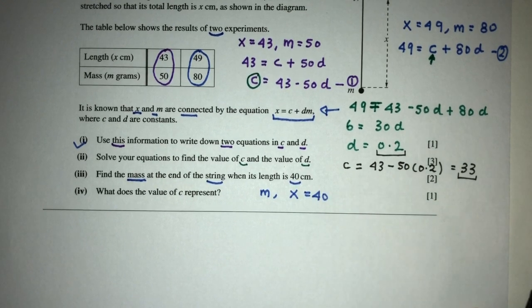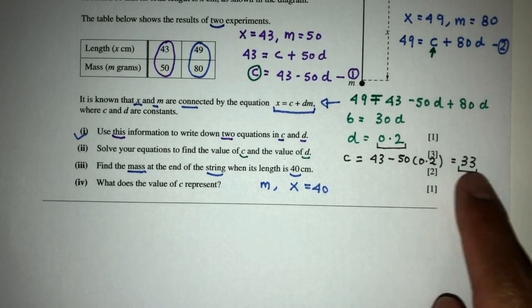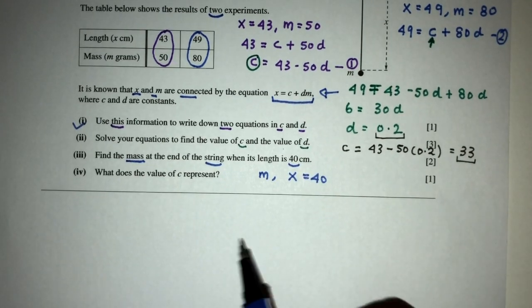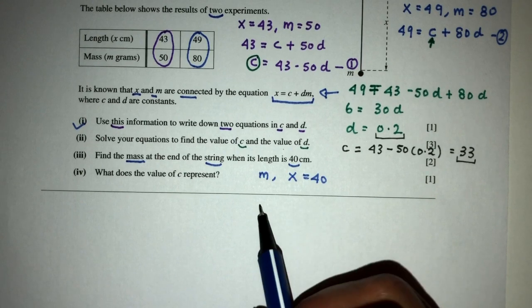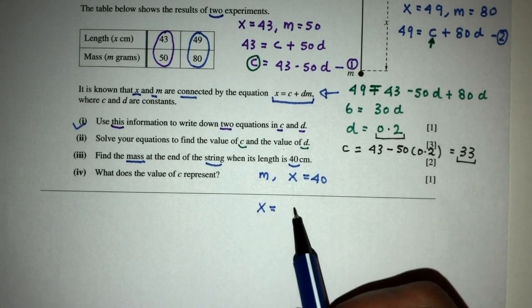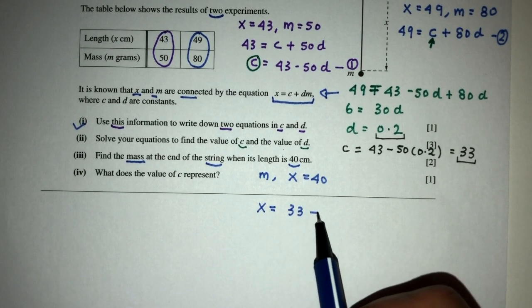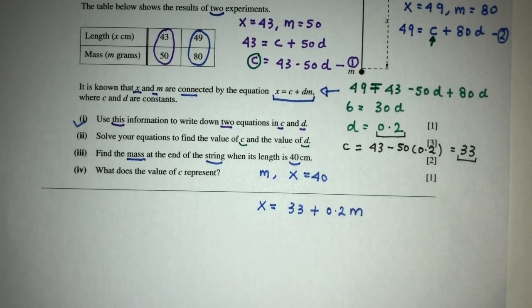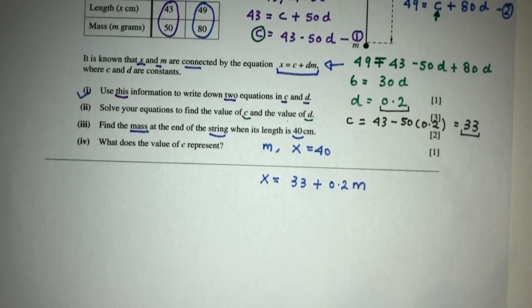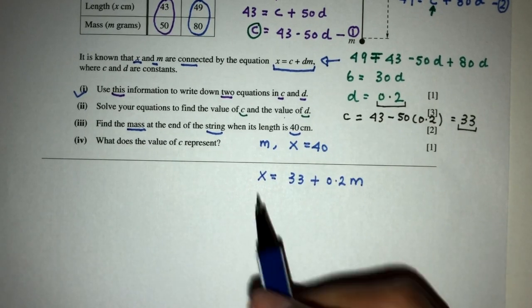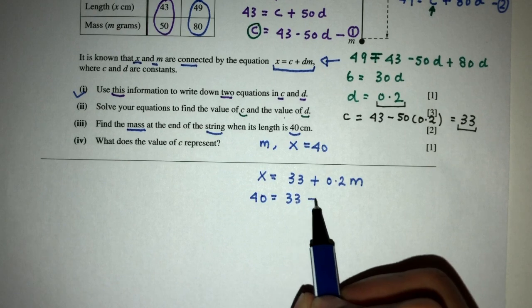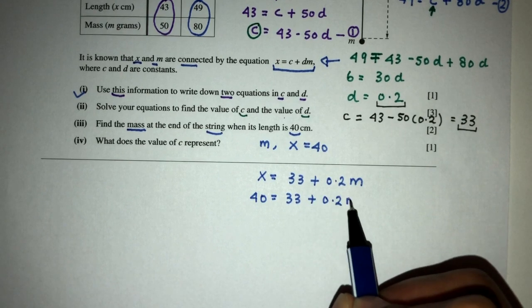Pretty easy. Because we know these two values, we can find the main equation that connects x and m. So now we know x is equal to C, which is 33, plus D, 0.2m. That is my equation to use to find the value of m. Replace this right here. You will have 40 is 33 plus 0.2m.